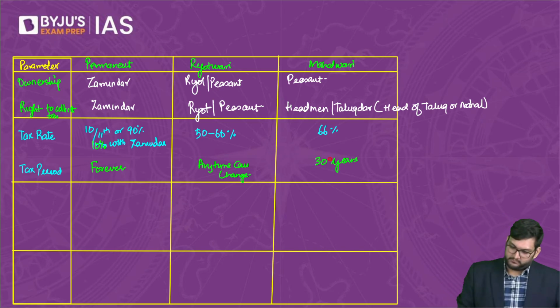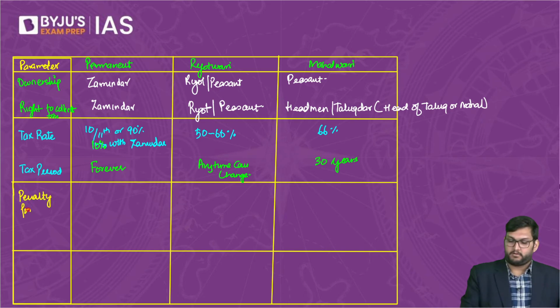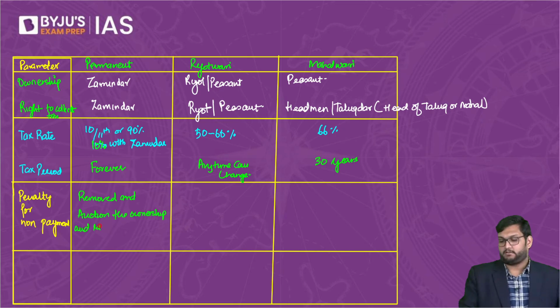Now, the next is penalty for non-payment. Removed and auction the ownership and right to next highest bidder.